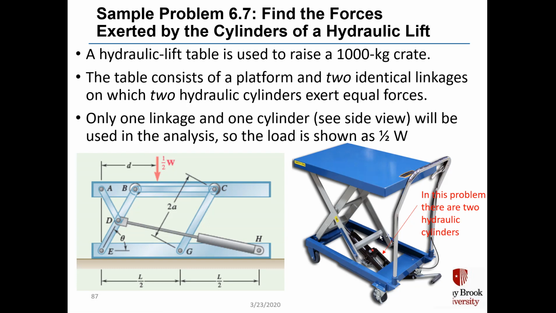If we have two hydraulic cylinders, we can simplify the problem and use only one set of linkages, say this left set as opposed to the right set, so that the load will be half of W, meaning 1,000 kilograms divided by 2, or 500 kilograms lifted up by one cylinder.